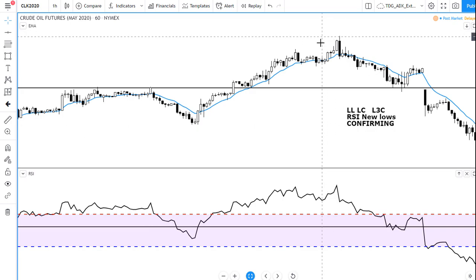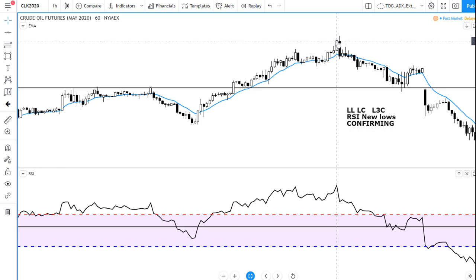Right here, price had just made a new structure high and a higher close. It closed in the upper 5% of the candle. It opened in the bottom of the candle. And what happened? It stopped on a dime at 54.80 in crude oil and rolled over $2 full, or 200 ticks, which is $2,000 a contract.